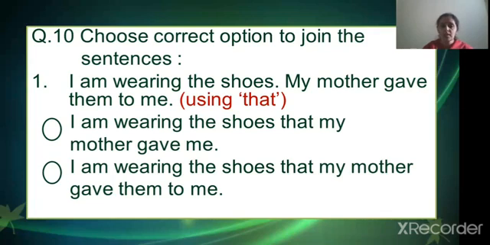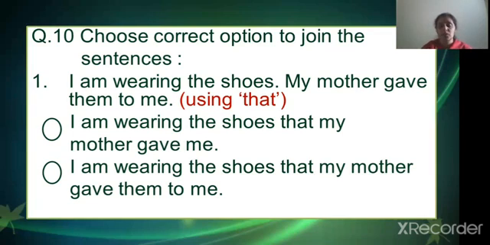Now see the options given here. I am wearing the shoes that my mother gave me. Second is, I am wearing the shoes that my mother gave them to me. So which is the one that is correct according to you? Yes, I am wearing the shoes that my mother gave me will be the correct answer.